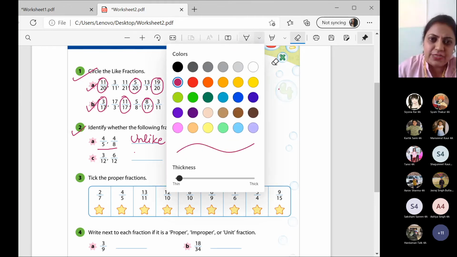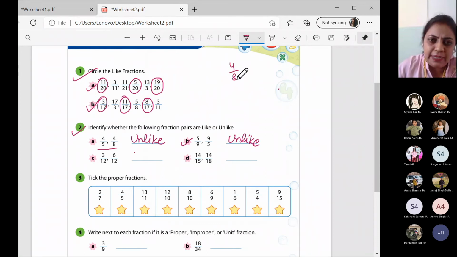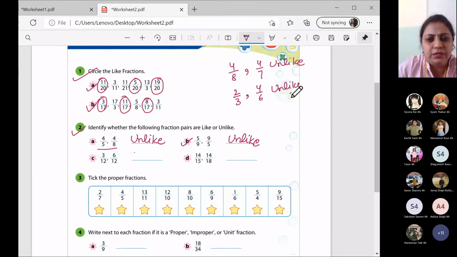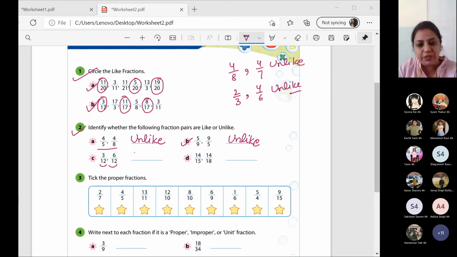So if we have fractions like 4 by 8 and 4 by 7, these are unlike. And if I have fractions 2 by 3 and 4 by 6, they are also unlike. 2 by 5 and 2 by 7, it is also unlike. In case of like and unlike, you have to check only denominator. If denominator is same, it means they are like. If numerator is same, then unlike. If nothing is same, then unlike.